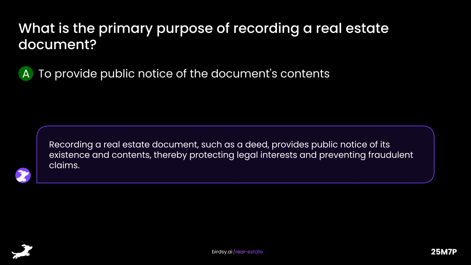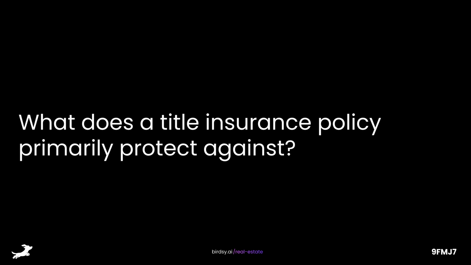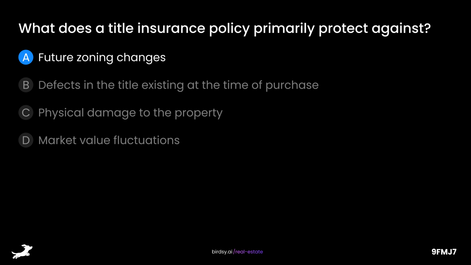Recording a real estate document, such as a deed, provides public notice of its existence and contents, thereby protecting legal interests and preventing fraudulent claims. What does a title insurance policy primarily protect against? Is it A, future zoning changes, B, defects in the title existing at the time of purchase, C, physical damage to the property, or D, market value fluctuations?